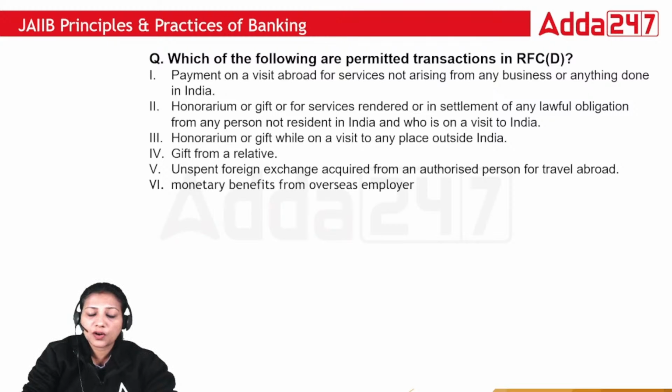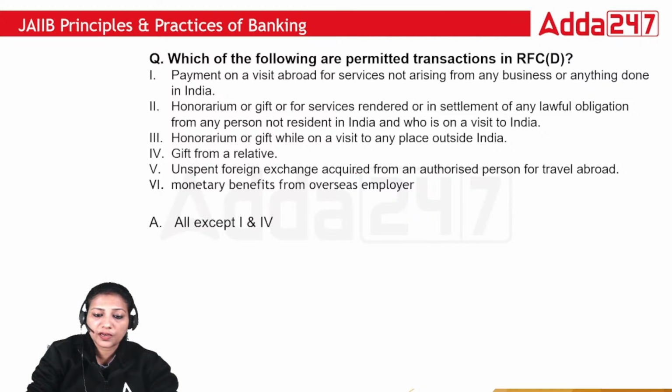Honorarium or gift or services rendered or in settlement of any lawful obligation from any person non-resident in India and who is on a visit to India, honorarium or gift while on a visit to any place outside India, gift from a relative, unspent foreign exchange acquired from an authorized person for travel abroad, monetary benefit from overseas employer. Options are all except 1 and 4, all except 2 and 3, all except 6, all are permitted.